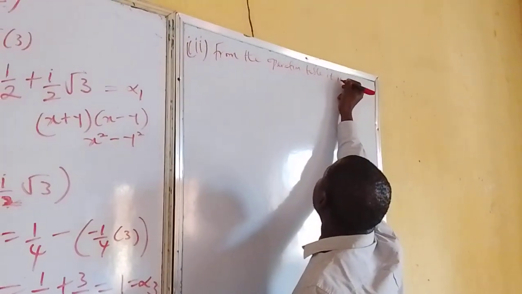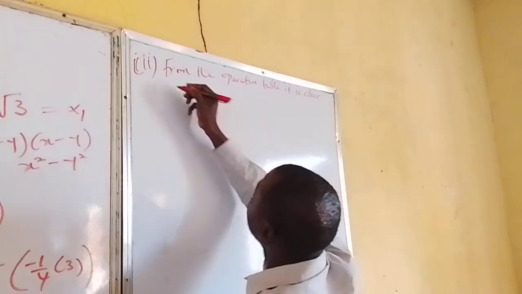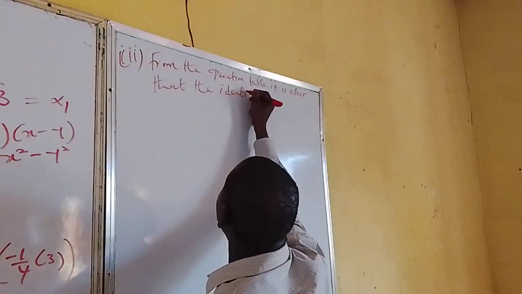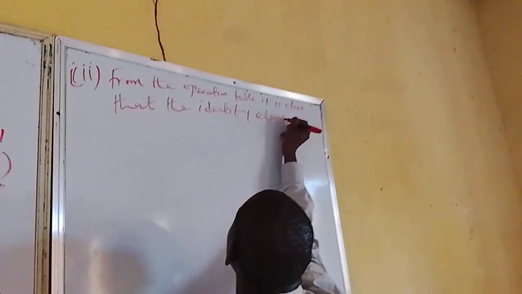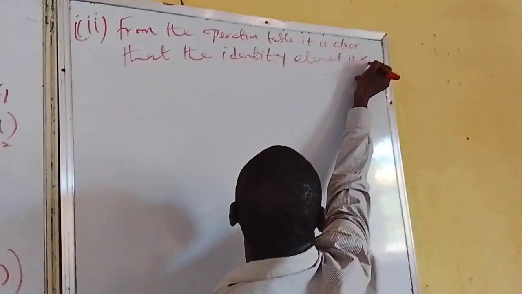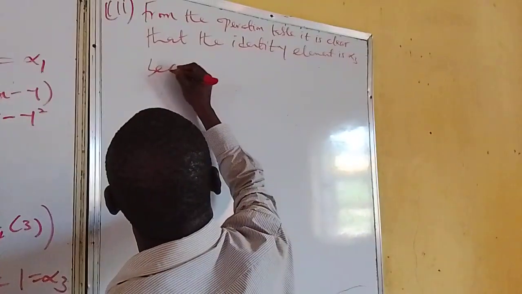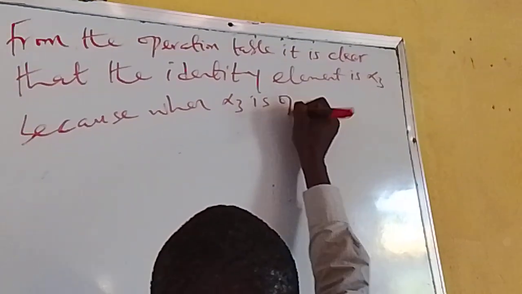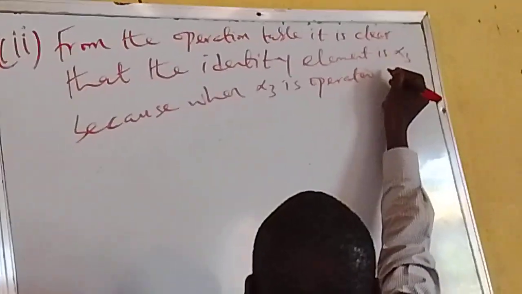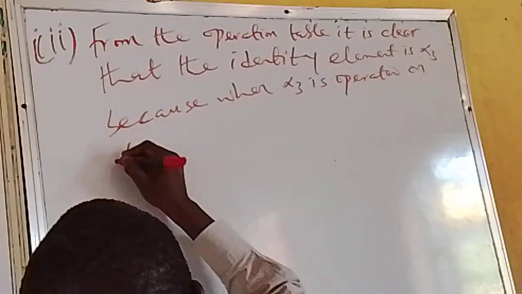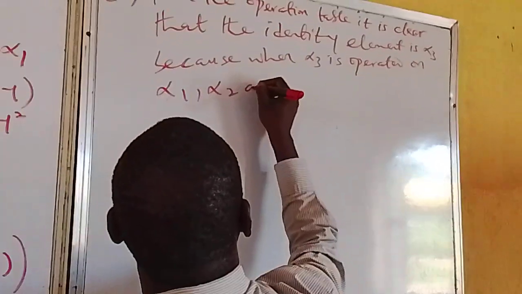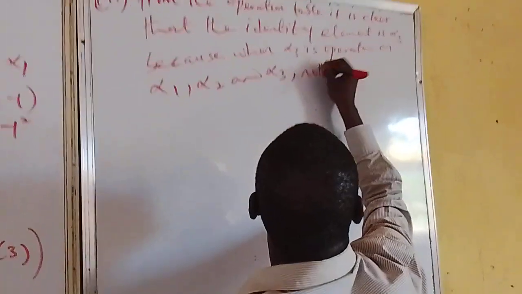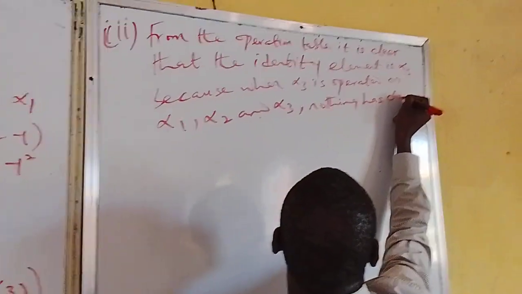So it is clear from the operation table that the identity element is alpha 3, because when alpha 3 is operated on alpha 1, alpha 2, and alpha 3, nothing has changed.